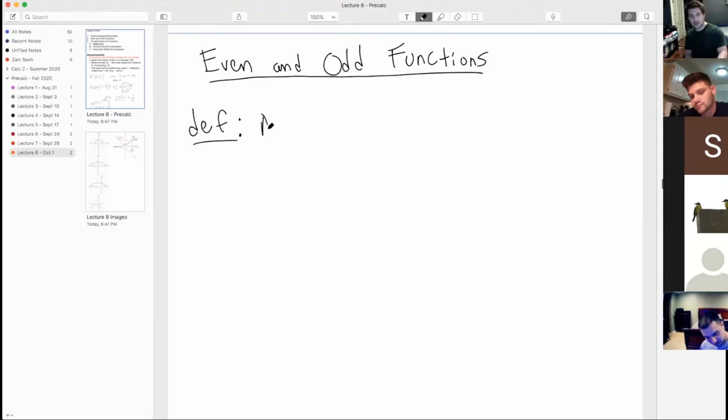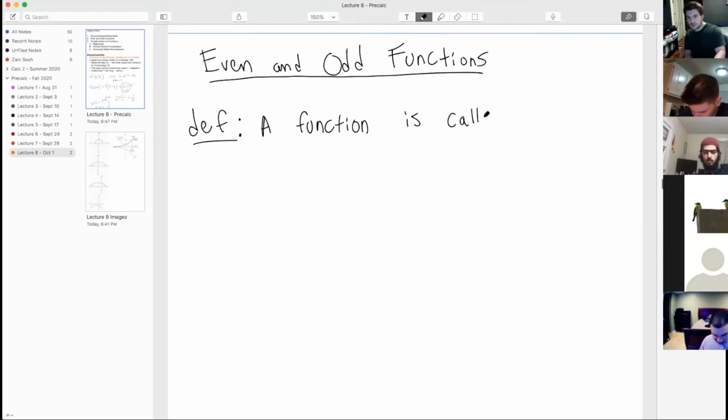All right. So here we go. A function is called even. I'm going to underline even because that's the word I'm defining in this definition.